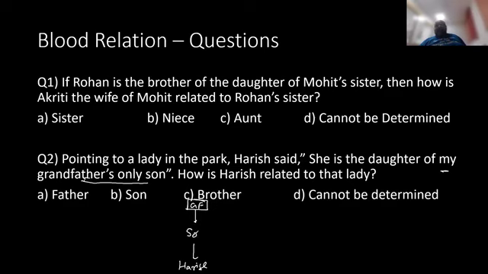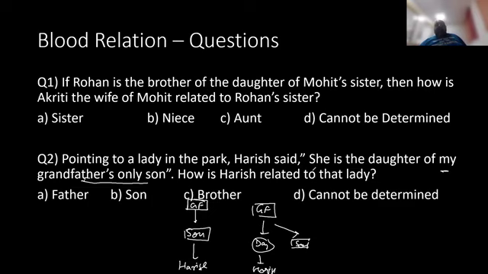Grandfather has an only son, and Harish is the son or daughter of this son. There is another possibility that the grandfather had a daughter and a son. In this case also, the grandfather has an only son. There is no limit on daughters as such, and the daughter's son or daughter was Harish.